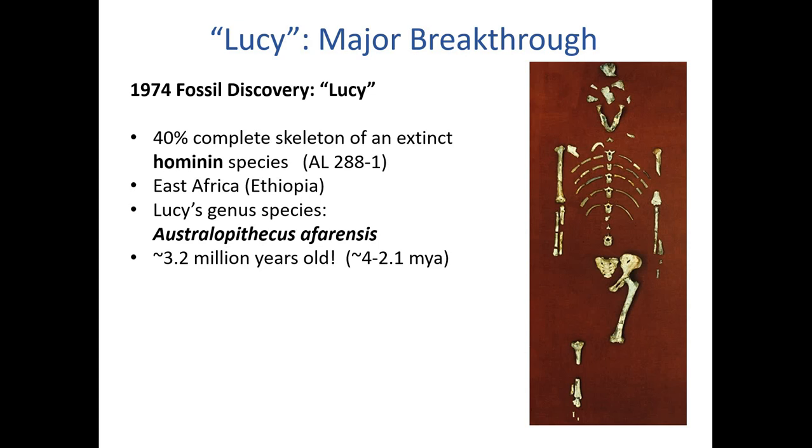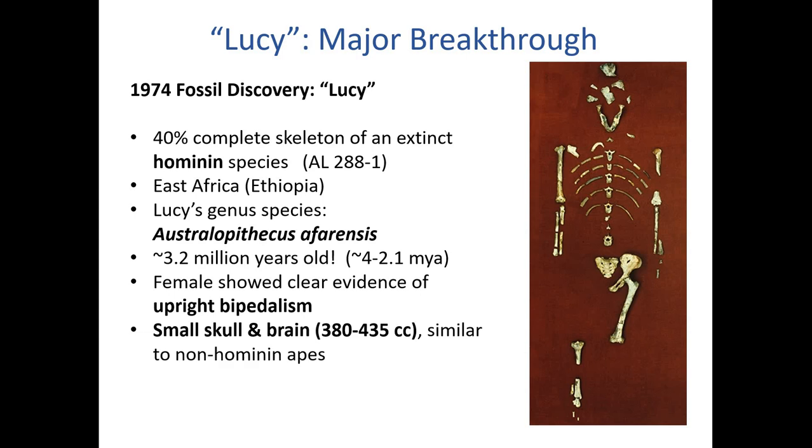And from other fossils that we've found within this genus species, we have an idea that they probably existed on Earth from around 4 to around 2 million years ago. So Lucy was a female, and she showed clear evidence of upright bipedalism, so walking upright on two legs. And this could be inferred basically from some of her leg bones as well as her spine.